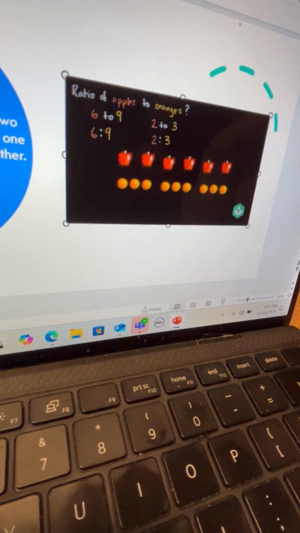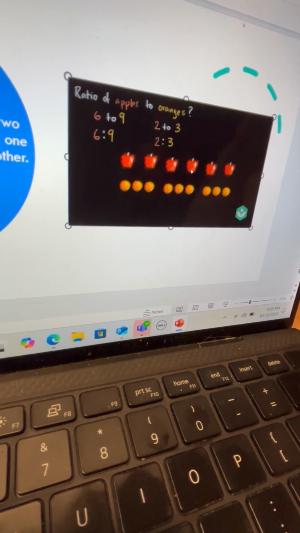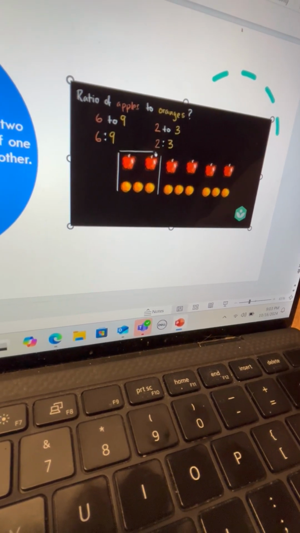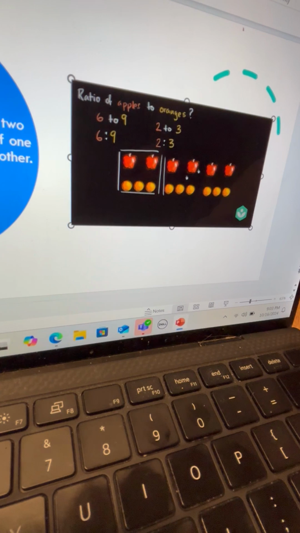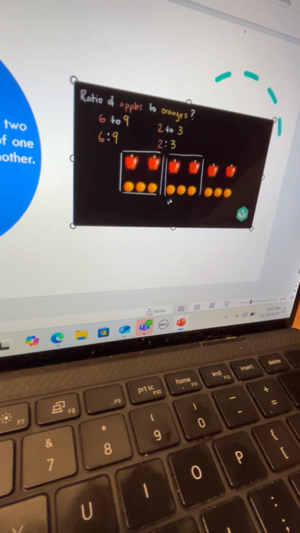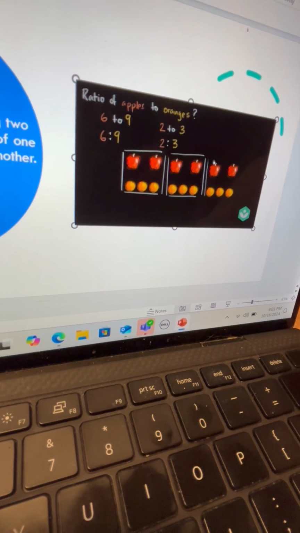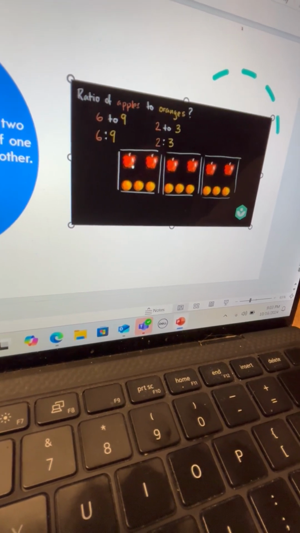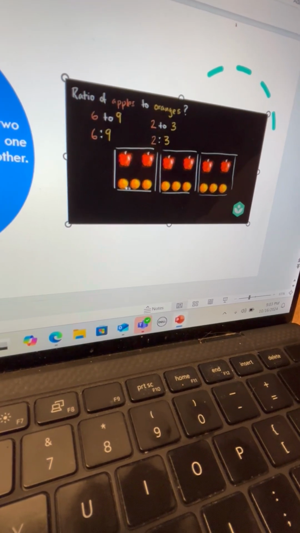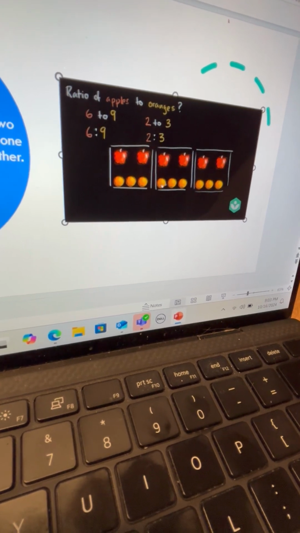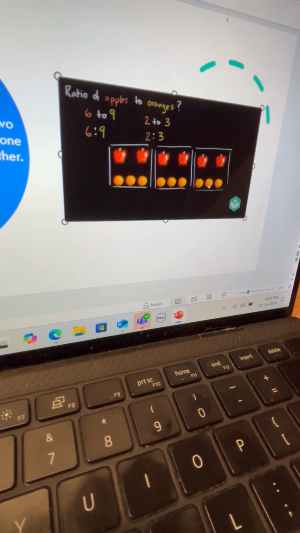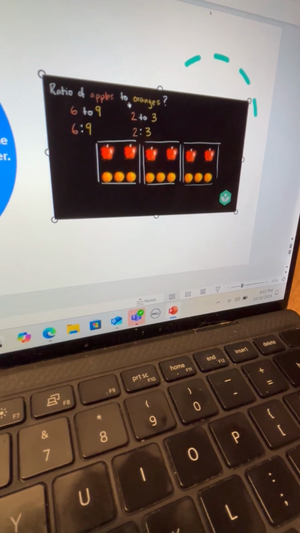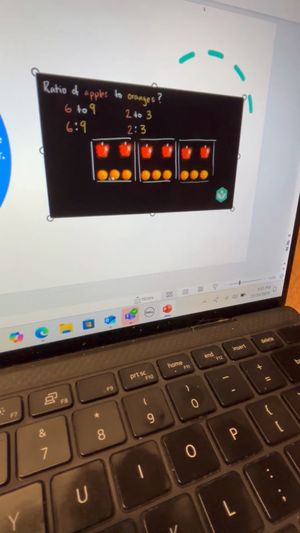If you divide this whole total into 3 equal groups, we see that in each group, for every 2 apples, we have 3 oranges. So once again, the ratio of apples to oranges: for every 2 apples, we have 3 oranges.